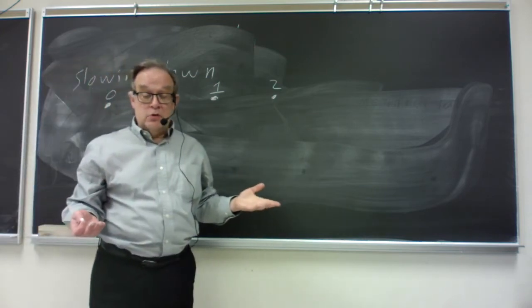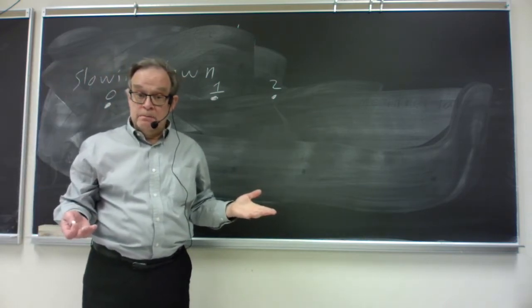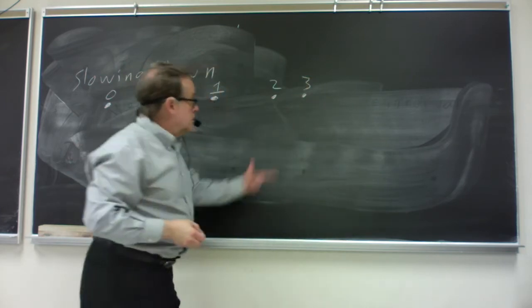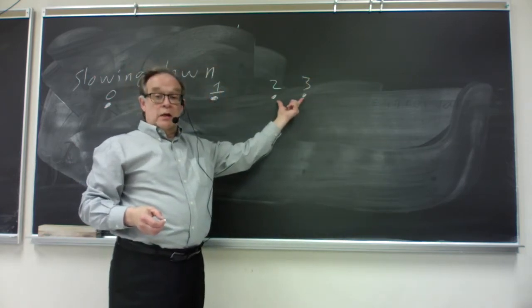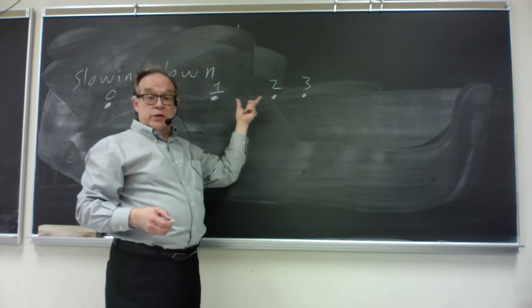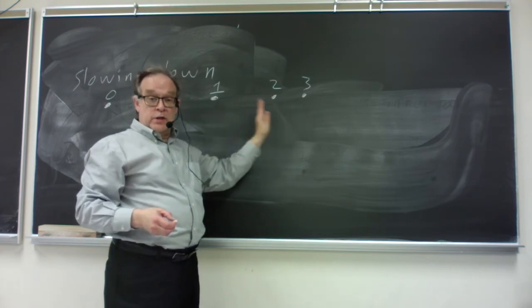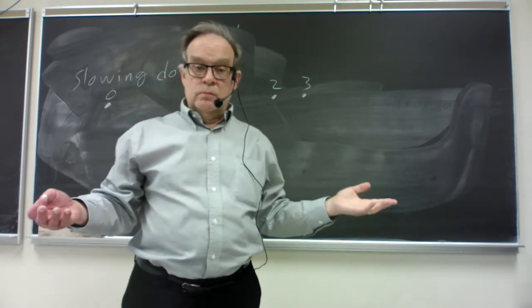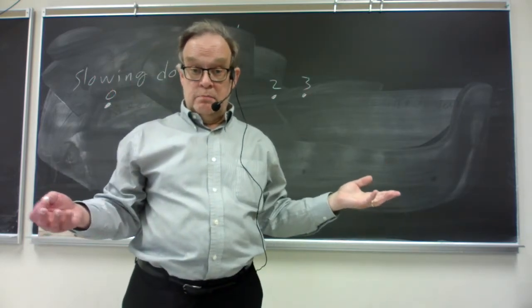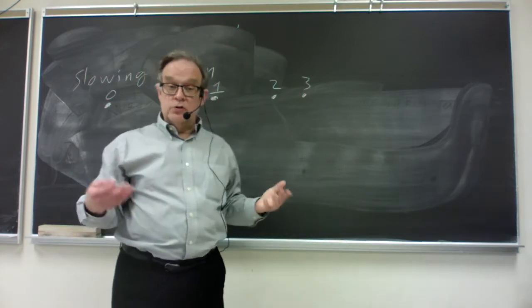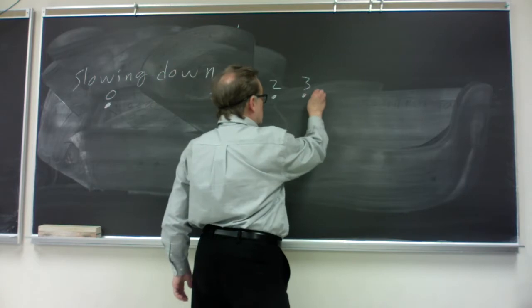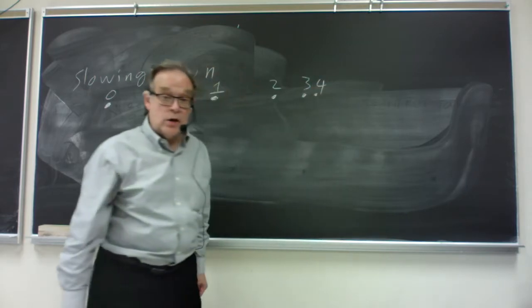Then in the third time interval, it's going slower still. So by the end of the third time interval, it's traveled only that far, less than it did during the second time interval when it went from here to here. And then during the fourth interval, going even slower than before, so it travels an even shorter distance than before. So at the end of the fourth time interval, it's there.